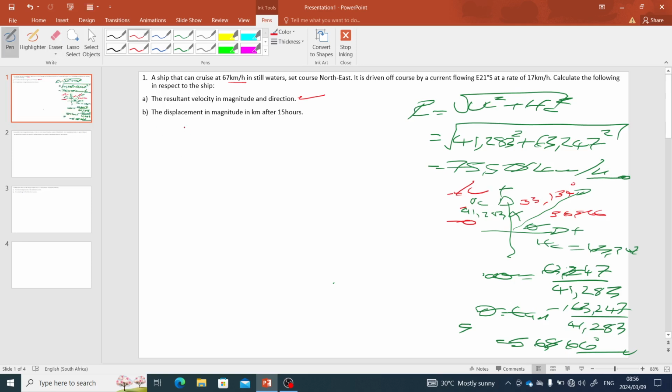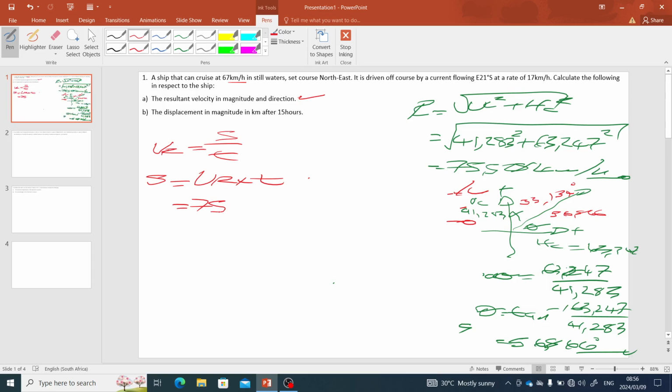They want us to calculate the displacement in kilometers after 15 seconds. Now, we have already calculated VR, then we are having S over T. We are given time, we want displacement. We'll make displacement the subject of the formula. It will be VR multiplied by T. Then our VR, we did calculate it.